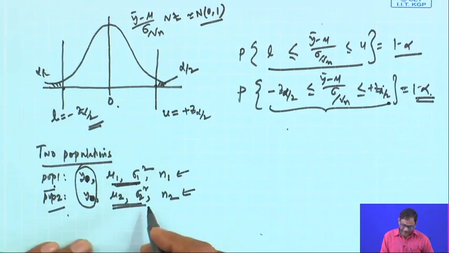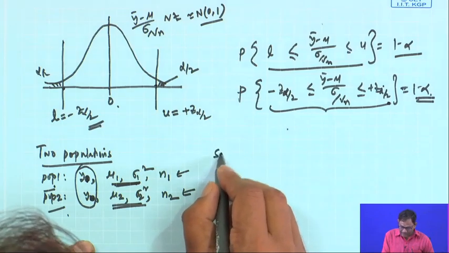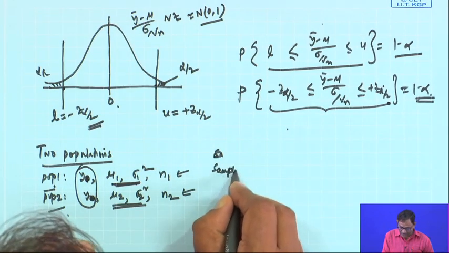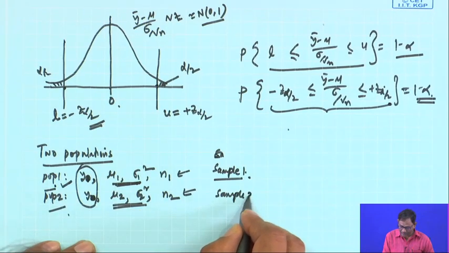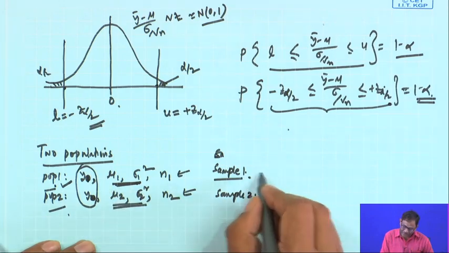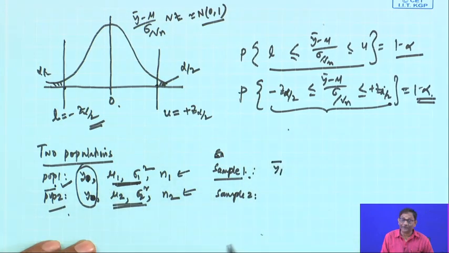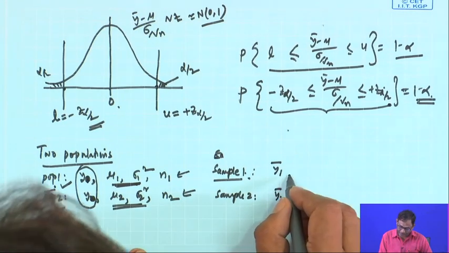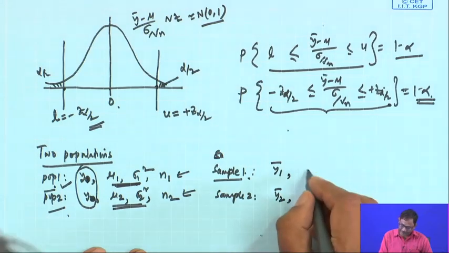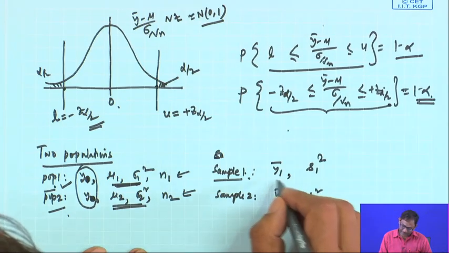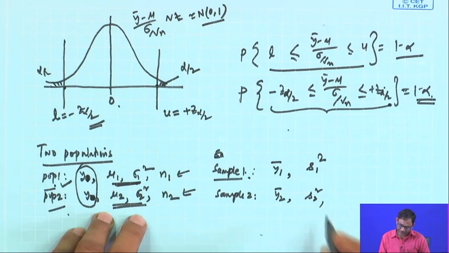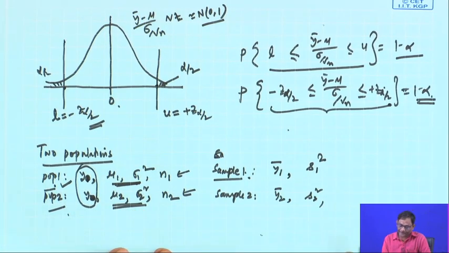Sample 1 is from population 1 and sample 2 from population 2. Sample 1 point estimate is y 1 bar, sample 2 point estimate is y 2 bar for the mean, and from the variance point of view, S 1 square and S 2 square.